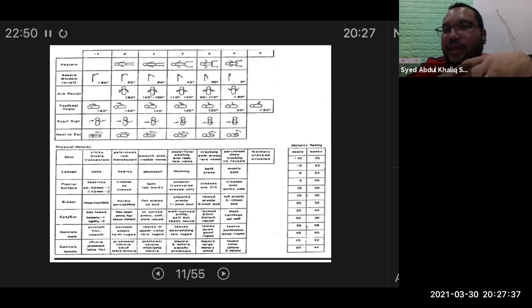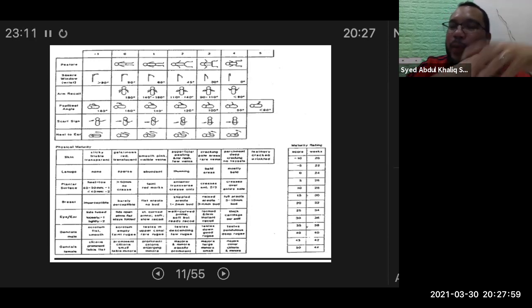But in Pahang it says 6 months. If you're married 6 months, then only you can consider the baby to be their child, because they say less than 6 months the baby is not viable. So if it's more than 6 months, then the baby is of the father, and you can put bin to the father.